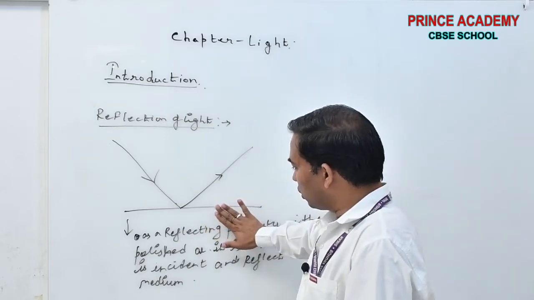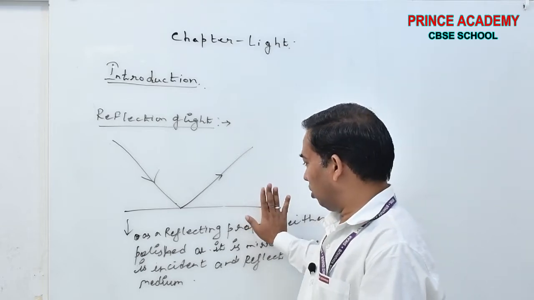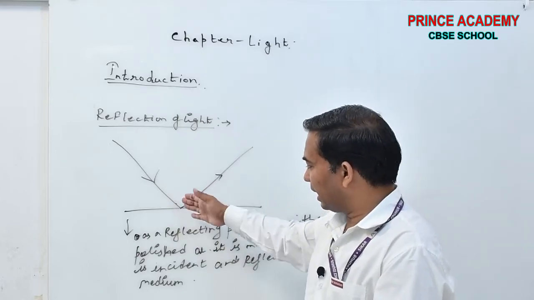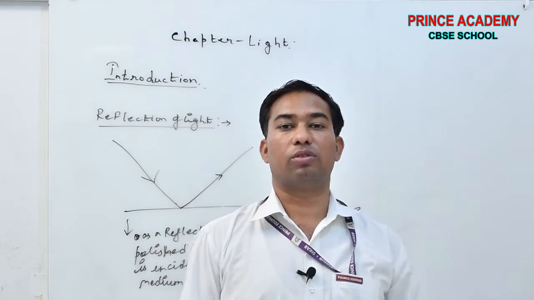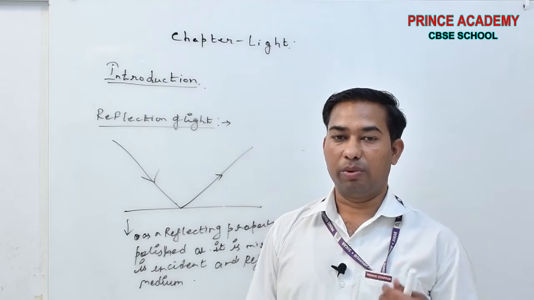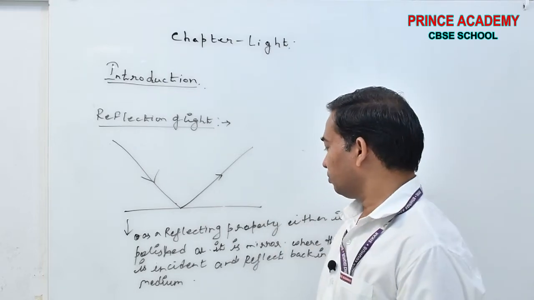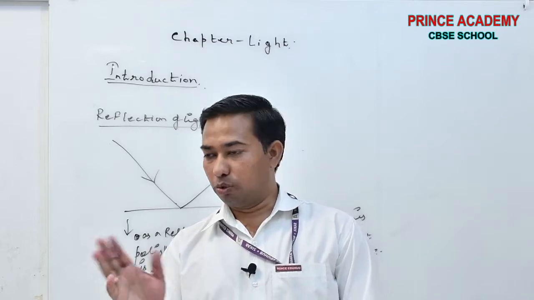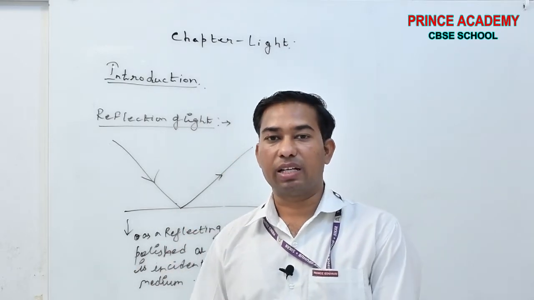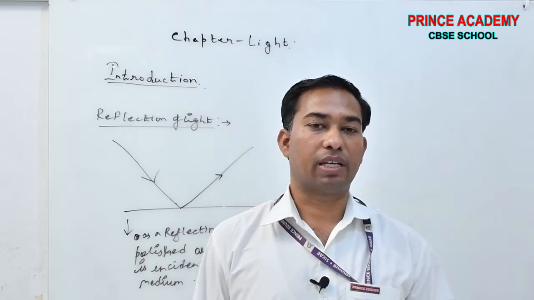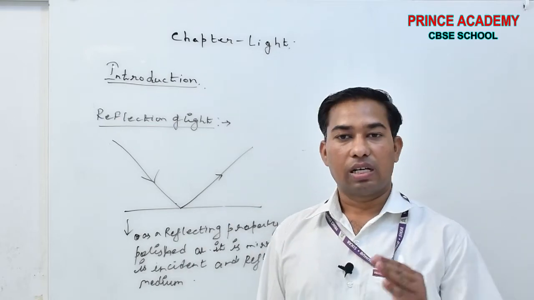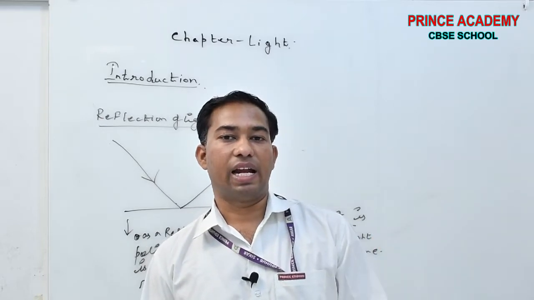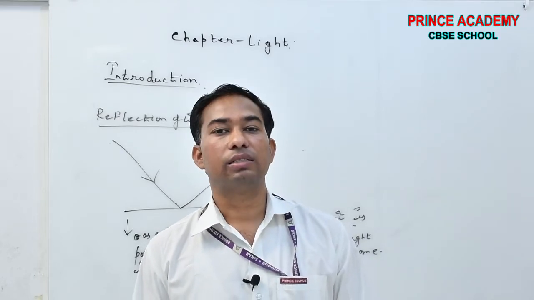It means the object is not transparent and not translucent. Take the example of a mirror. Both surfaces are reflecting, but it is made a mirror by coating silver, which is a metal, and it reflects all the photons coming from the light back into the same medium.